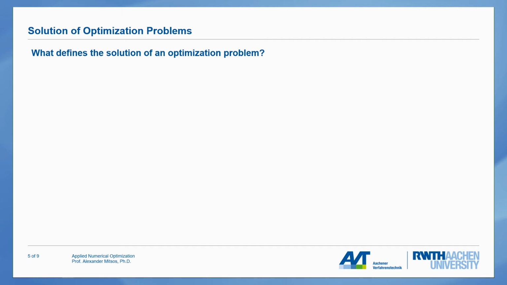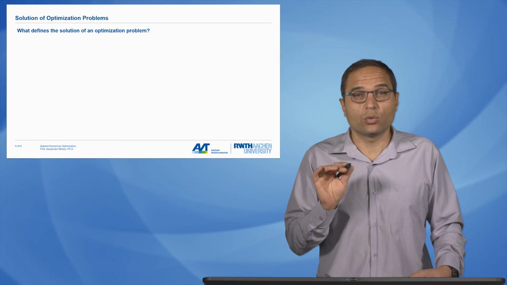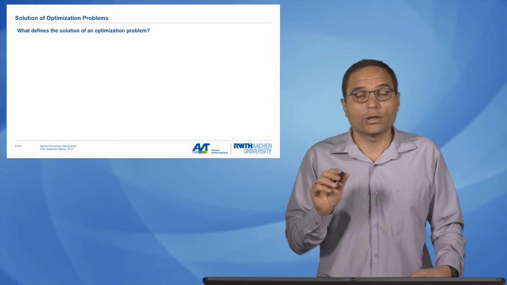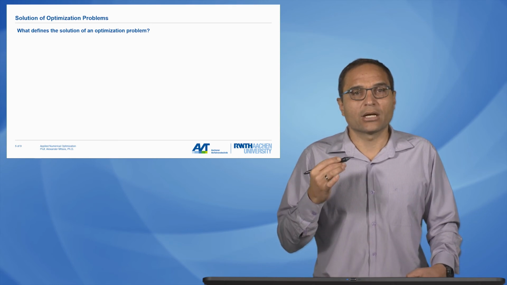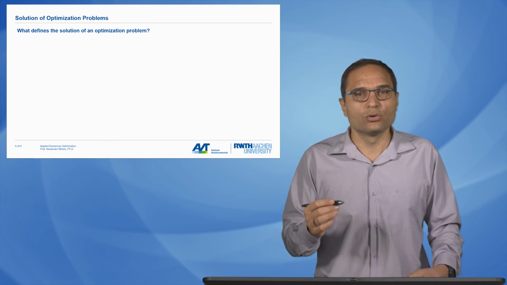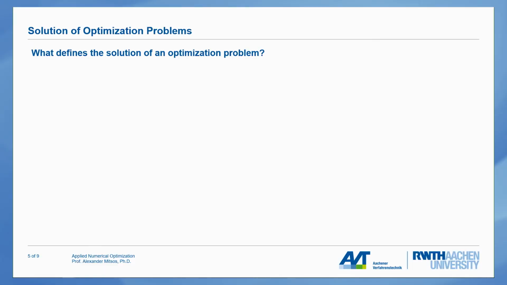I talked about what is an optimization problem, and I talked about you use a numerical solver to solve it. Always when you solve a problem, it's a good idea to know what you're solving for, what you're aiming to get. So let us ask the question, what defines the solution of an optimization problem? Let's try to answer it.